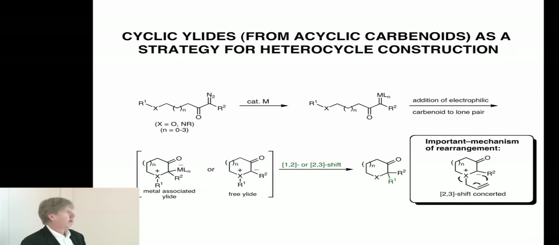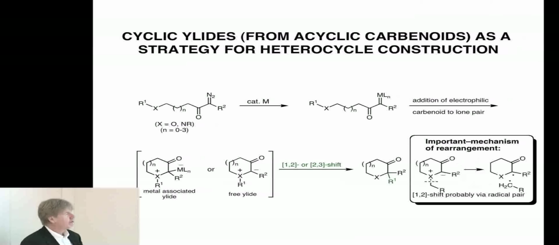Now I need to point out, I just said R1 is going to migrate by a 1,2 or a 2,3 shift, but we need to keep in mind that how that migration happens will involve different mechanisms. If it's a 2,3 shift, we should assume that this will be a concerted pericyclic mechanism where we form the new bond and break this bond at the same time.